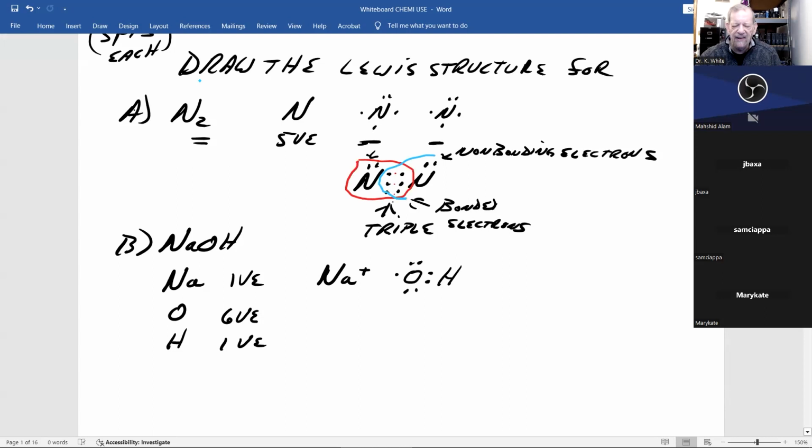Bonded and non-bonding electrons should add up to 8, and the same thing happens, 2, 4, 6, 8. But if we look here, hydrogen's the one exception. Its octet is 2. Hydrogen's octet is 2. But here, this oxygen, we only have 7. That can't be. Well, what happened?